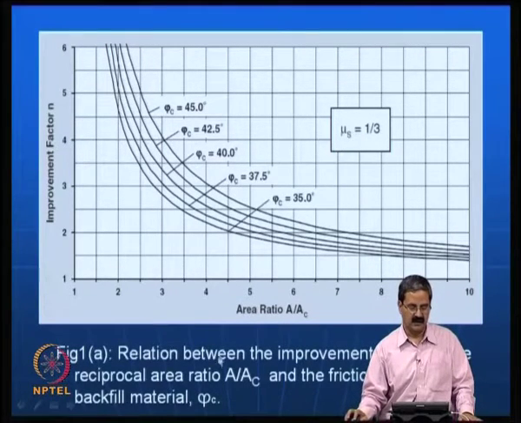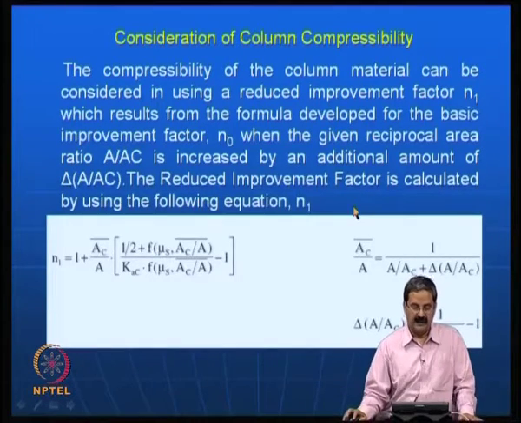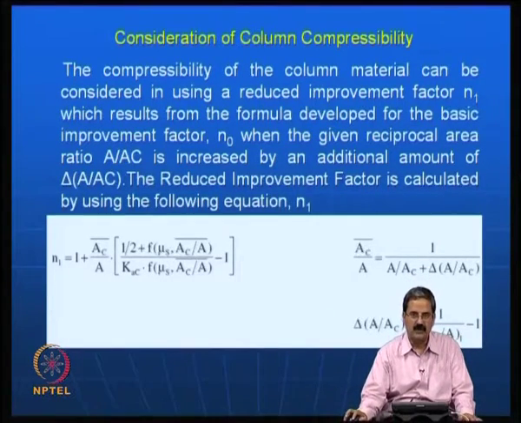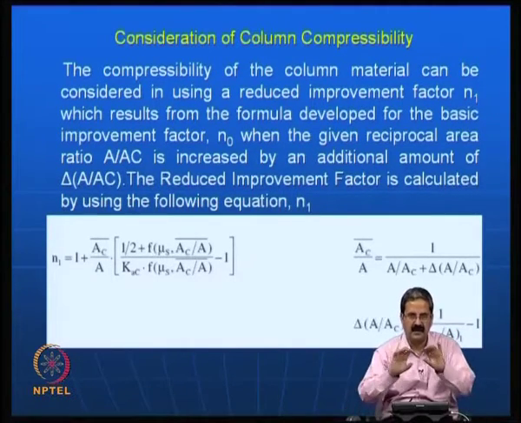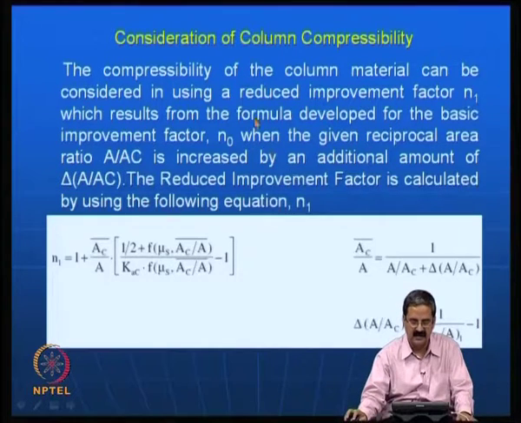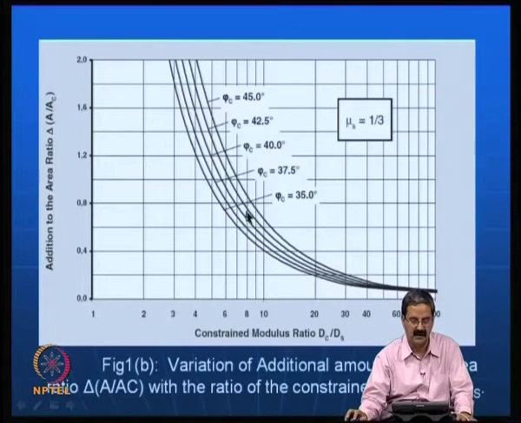Of course, this can be calculated for different friction angles. Since that is not possible, and there is always a compressibility of the stone, there is a minor correction for it, and an additional correction to the area ratio is given in terms of the modulus of the column and the modulus of the soil.